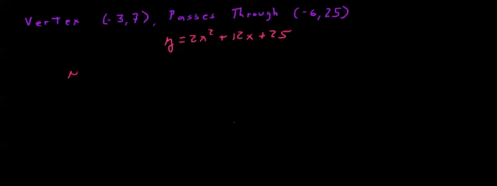All right. Y minus 7 equals a times x plus 3, quantity squared.